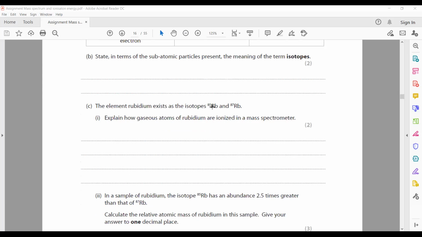Then the element rubidium exists as 85 and 87. Explain how a gaseous atom of rubidium is ionized in the mass spectrometer. So how do you write this answer?